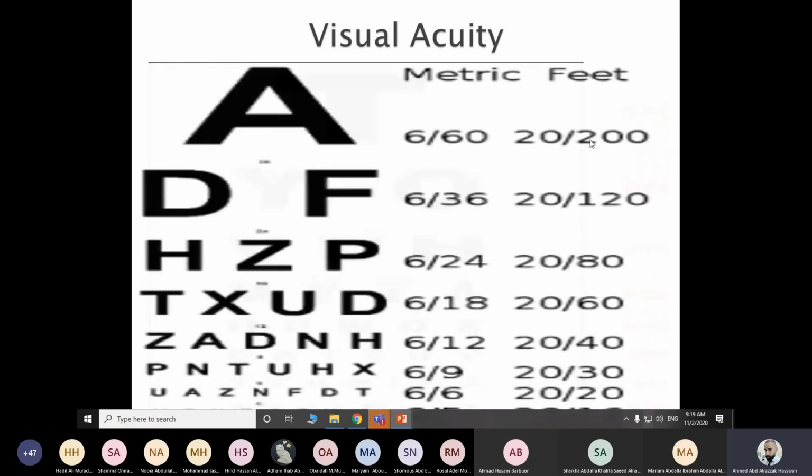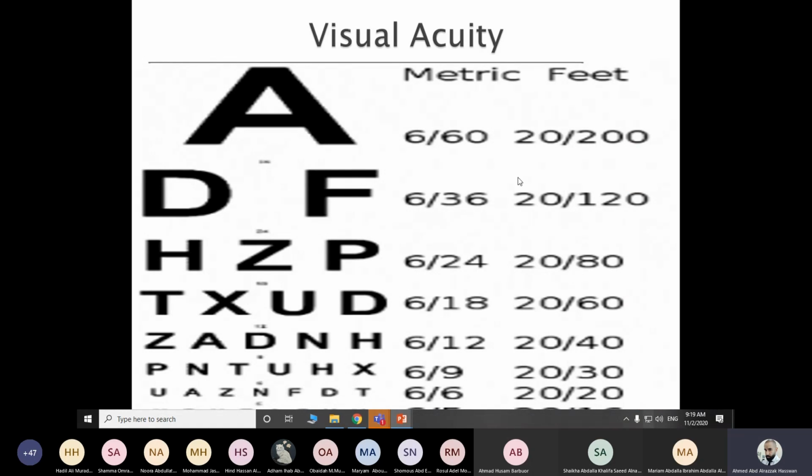Now, just one point, guys. Sometimes we can find it in 20/20 or 20/200, like we see in this visual chart. Please don't get confused. This is simply the meter system and the feet system. It's exactly the same thing, just two different measurement systems.